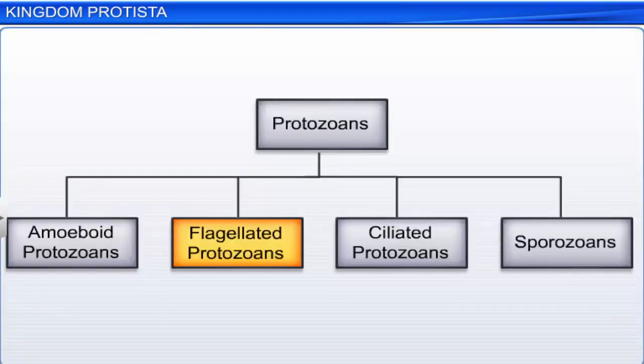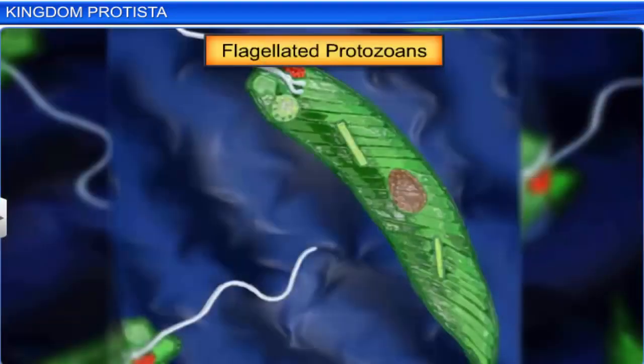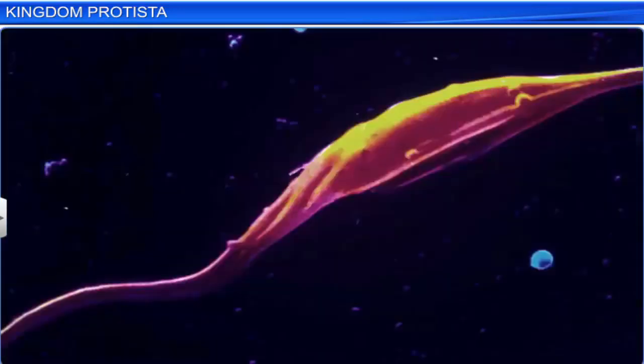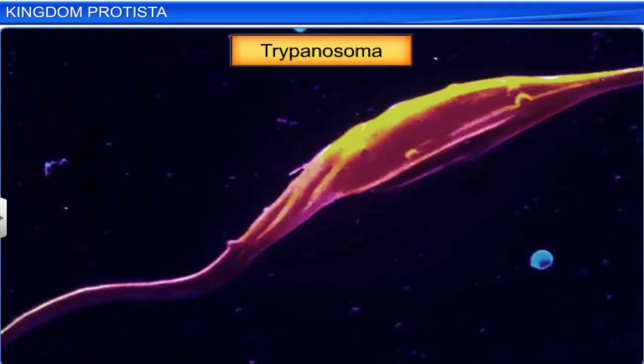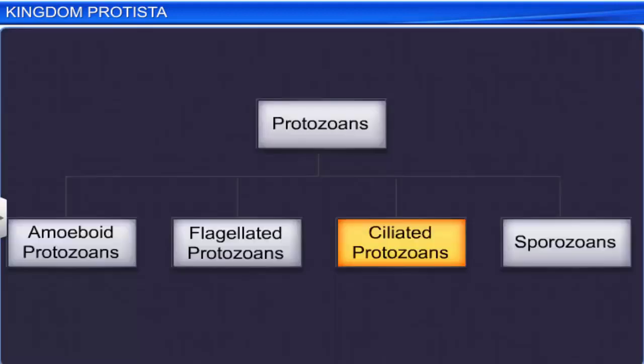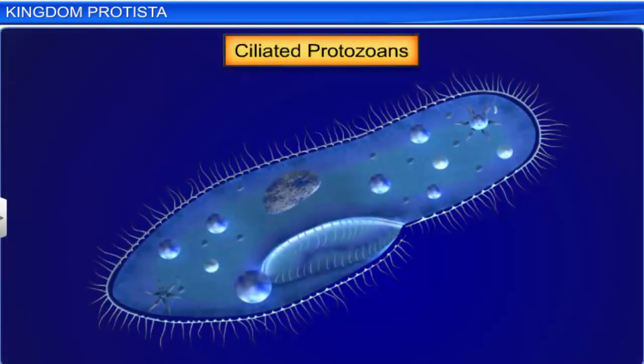Flagellated protozoans, as the name suggests, have flagella. They can be either free-living or parasitic. Some parasites like trypanosoma can also cause diseases like sleeping sickness. Ciliated protozoans like paramecium can be found at almost all places where there is water.